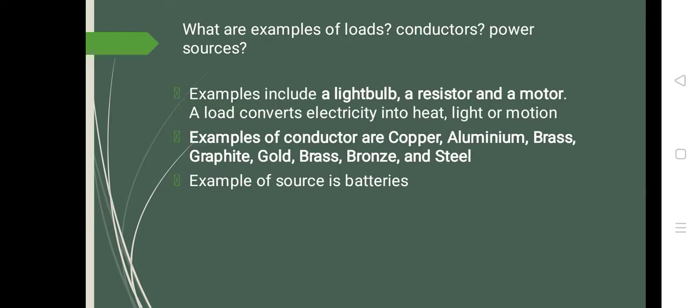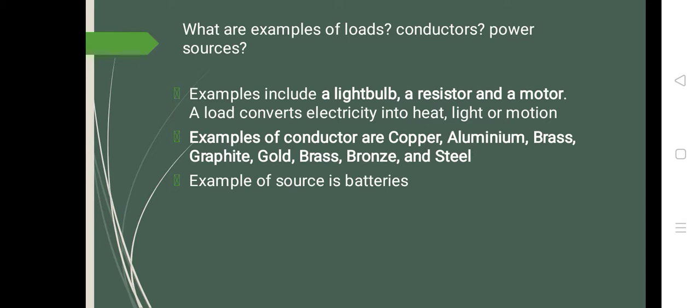So next, what are the examples of loads, conductors, and power source? Examples of loads include a light bulb, a resistor, and a motor. A load converts electricity into heat, light, or motion.